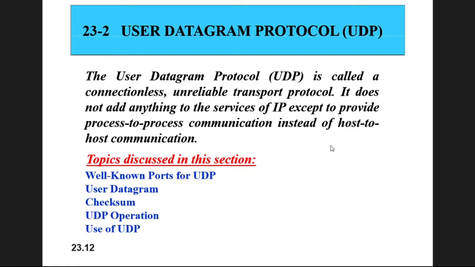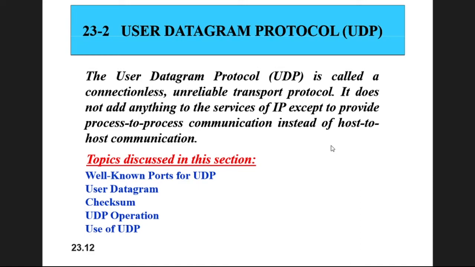Unreliable means the sender, when sending any data, cannot get any acknowledgement from the other end, because this is connectionless. There is no procedure to know whether the packet is actually received by the receiver properly or not. That's why UDP is unreliable.